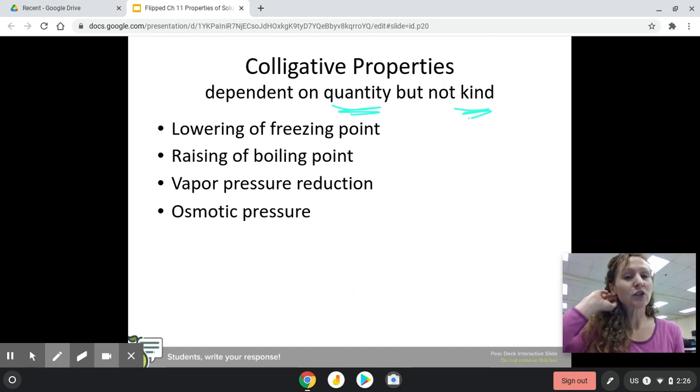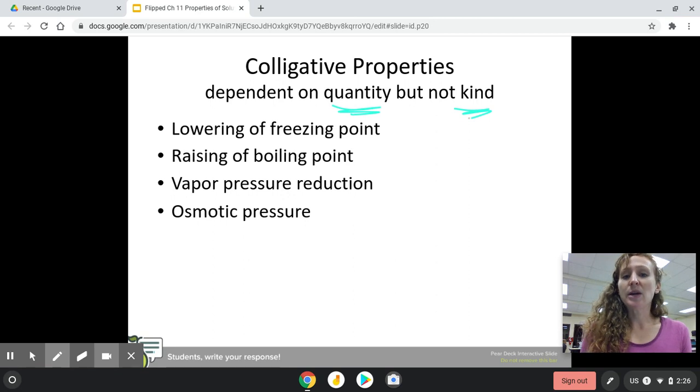And that is good news for us as chemists, because we love moles. Moles is a perfect description of the quantity. Moles is a counted number, right? It's an amount that's present. It's not swayed by how much each piece weighs or how much volume each piece takes up. It just tells you how much is there.